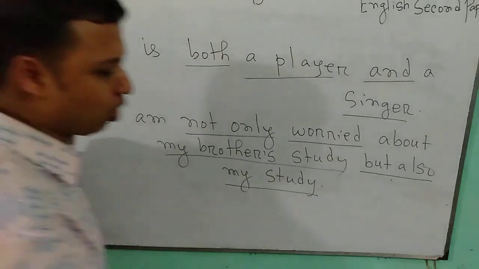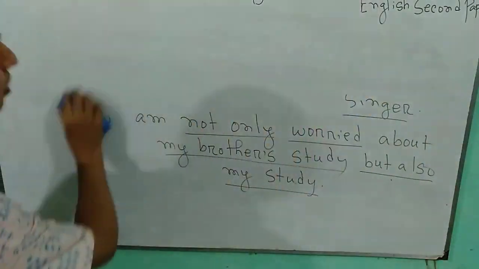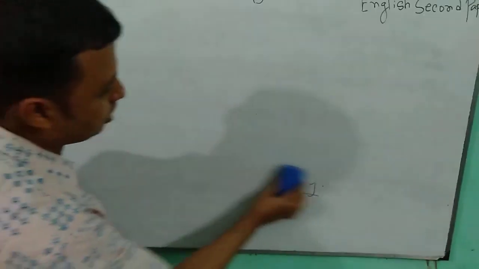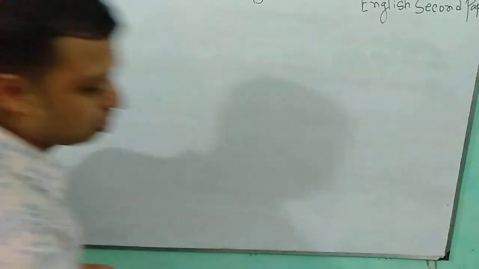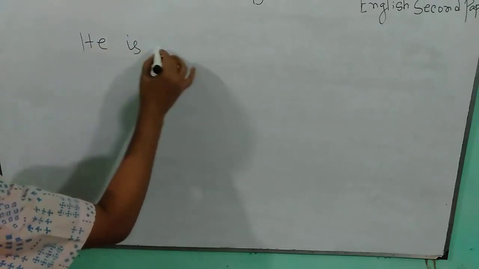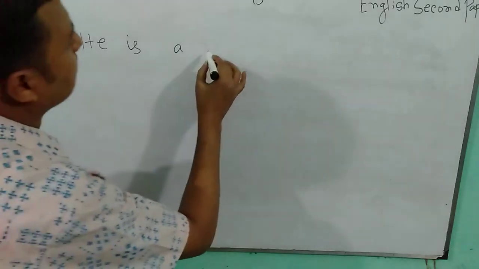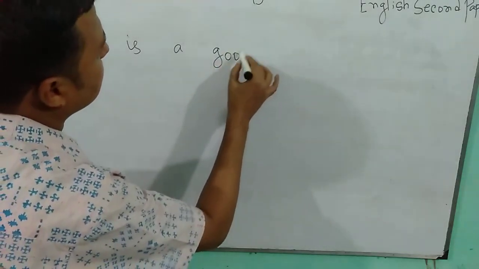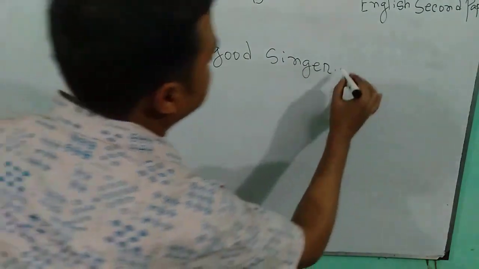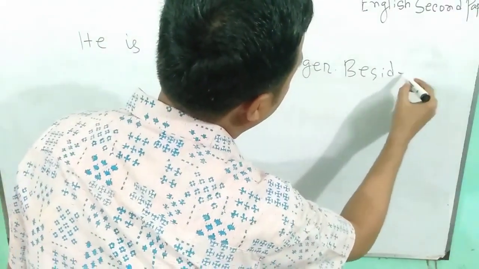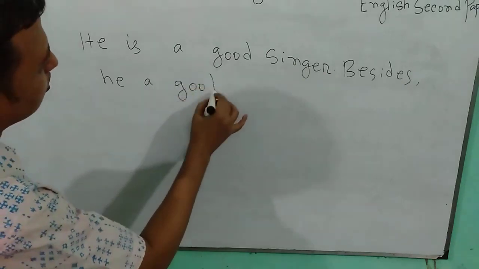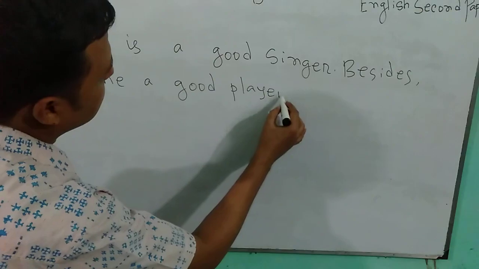There are other correlative conjunctions like besides, moreover, in addition, furthermore, as well as, too, also. As for example, he is a good singer. Besides, he is a good player.